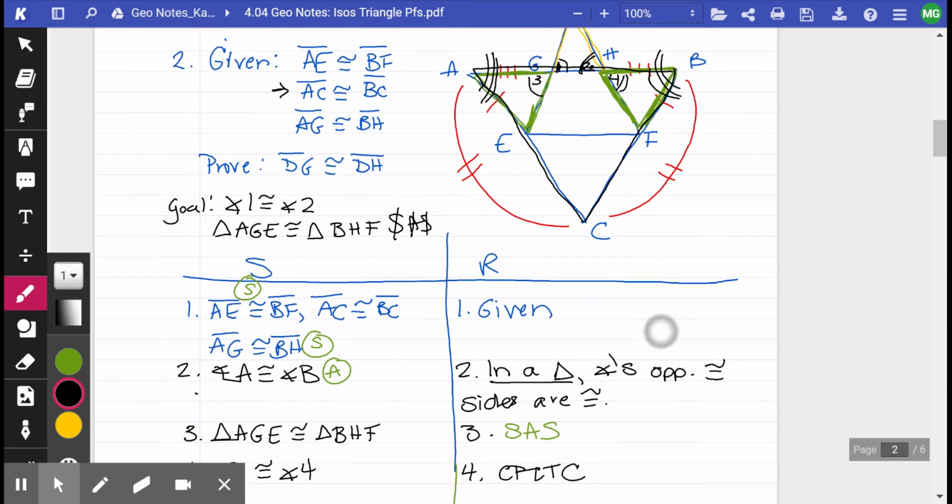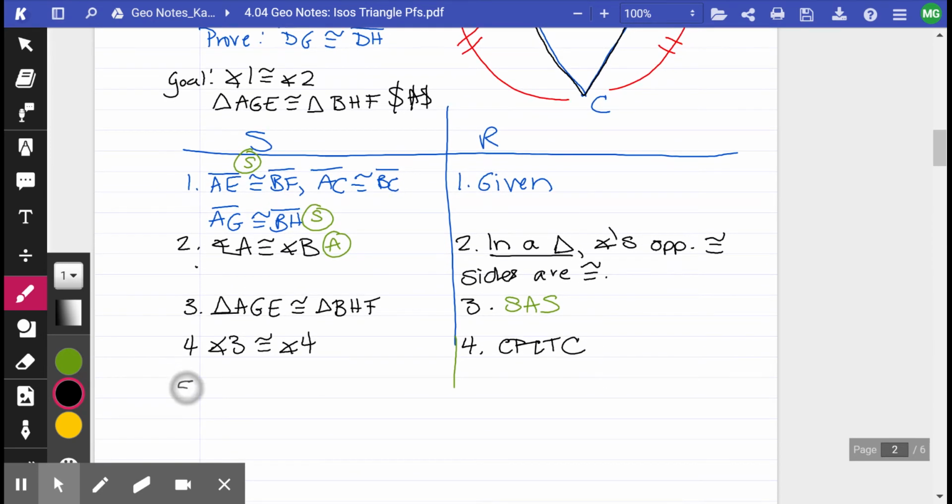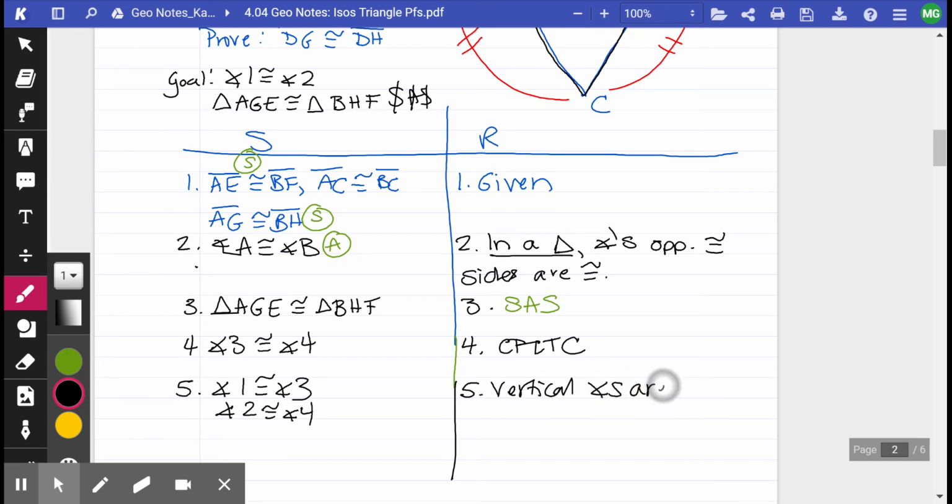And now I want to bridge it to getting 1 and 2 congruent. So I'm going to use my vertical angles. I can say angle 1 is congruent to angle 3, and angle 2 is congruent to angle 4, and the reason is vertical angles are congruent.